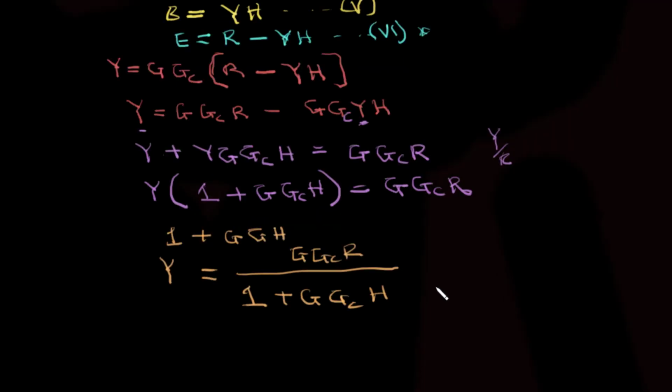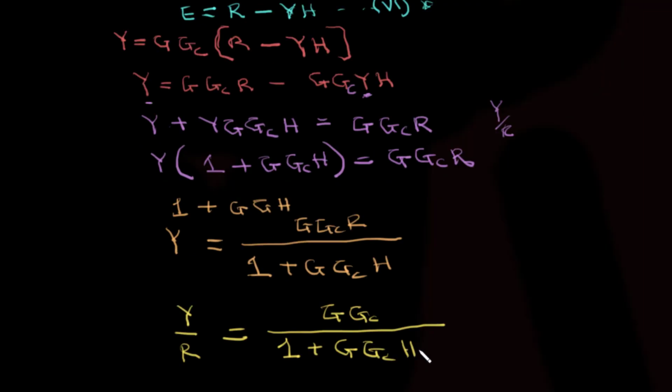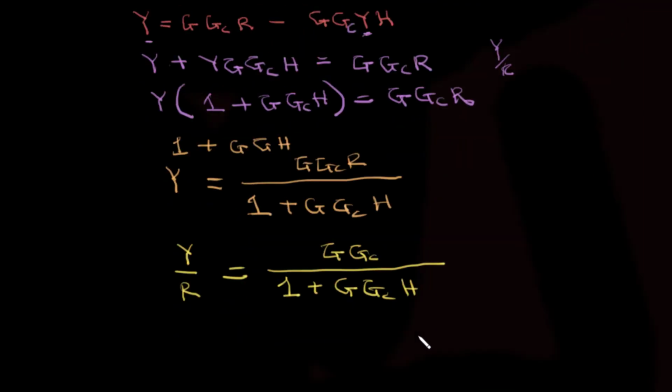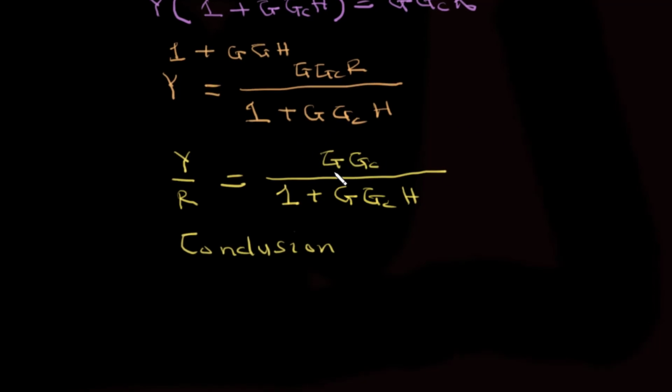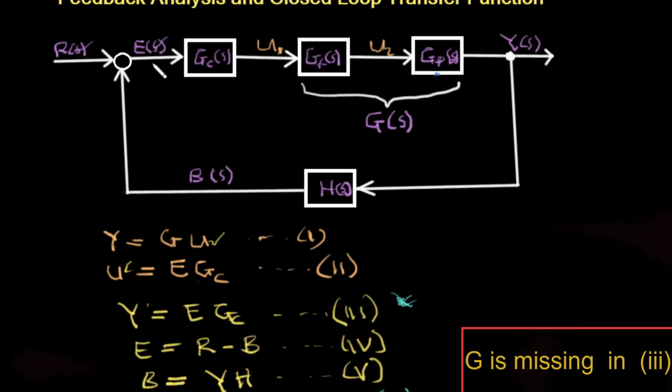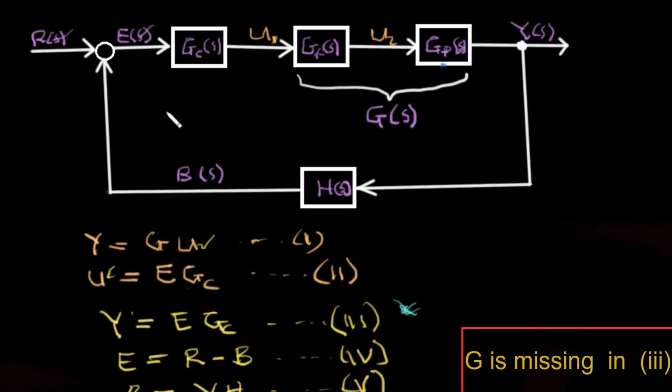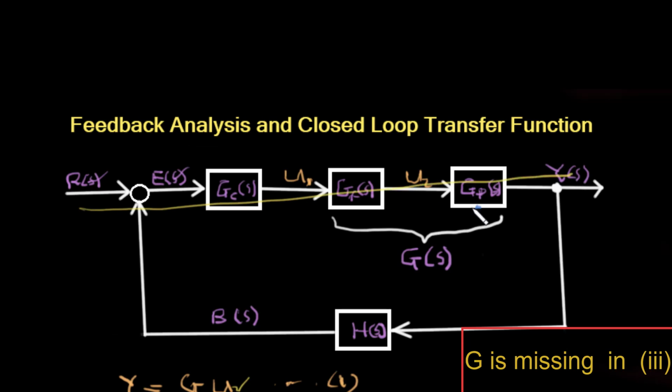Remember, we want y over r. So what we do now is divide by r on both sides. The result will be, so what is the conclusion you get here? If you look at this equation, what we have on top is nothing but the multiplication of whatever is along the forward path, from here to there.